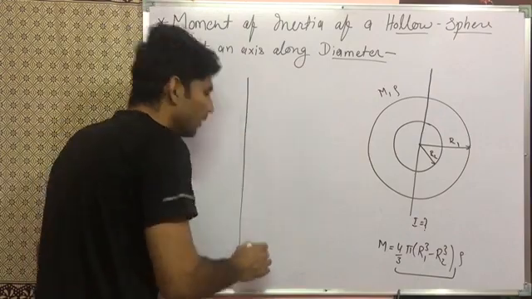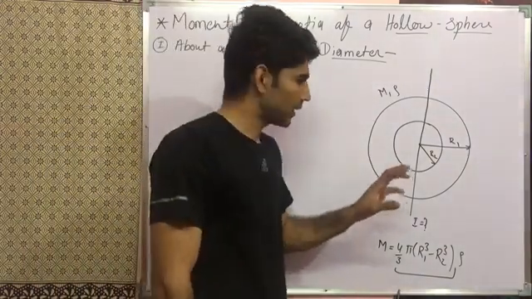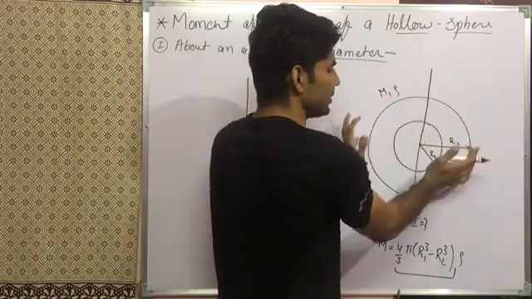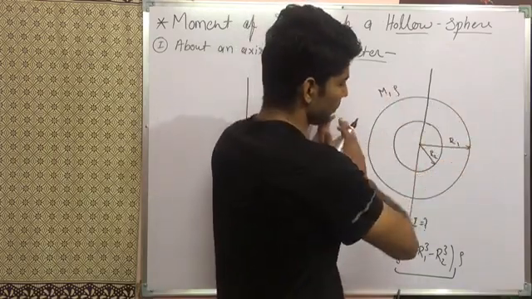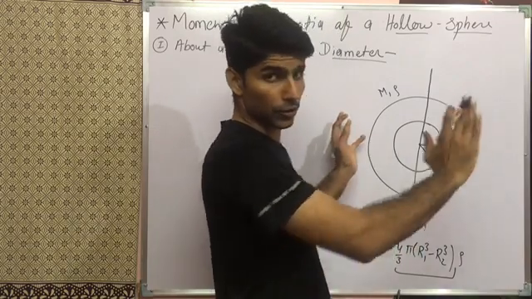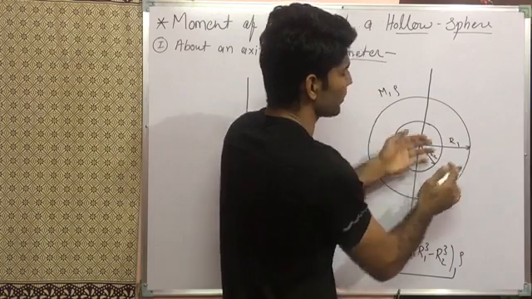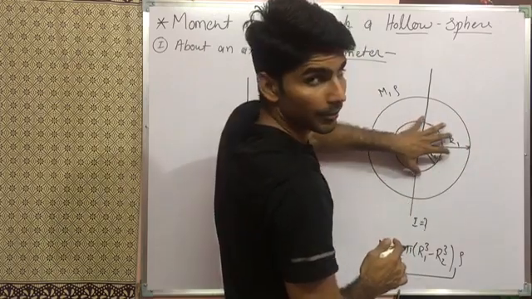We can assume that in the beginning this was a complete sphere in which mass was distributed continuously, a complete solid sphere of radius R1.